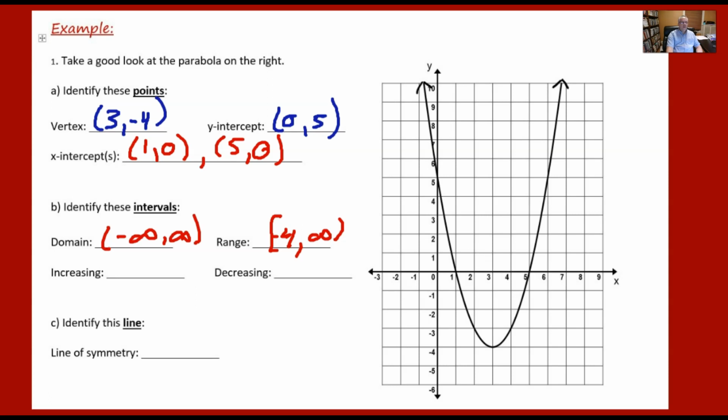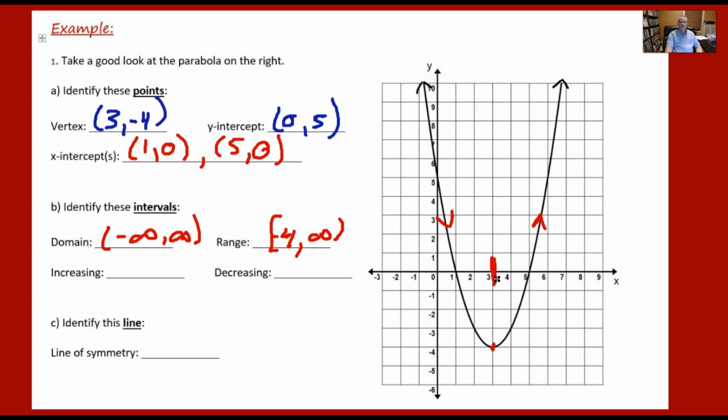Well, the important thing to do is look at the vertex here. It's right here. It kind of divides the parabola into 2 halves. On the left side, the parabola is kind of going down. It's decreasing. On the right side of the vertex, it's going up.